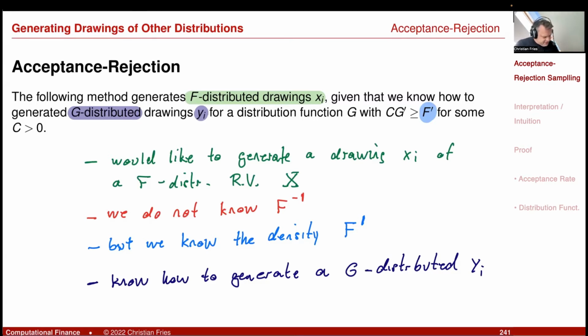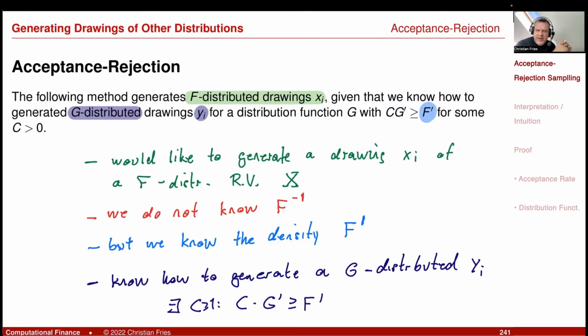This condition is that there exists a constant C such that C times G prime is larger or equal to F prime. So I need some other distribution function, and the density should dominate the other density. Okay, and that's a very hard condition because the integral of the densities has to be 1. Yeah, so I'm of course allowed to shift the density of G a little bit up. So actually the constant C, we will see, has to be larger than 1. If it's equal to 1, actually the two are the same.